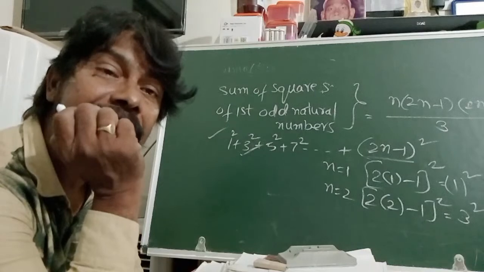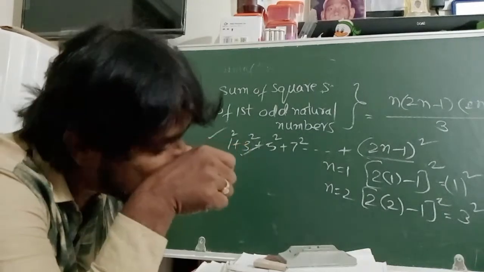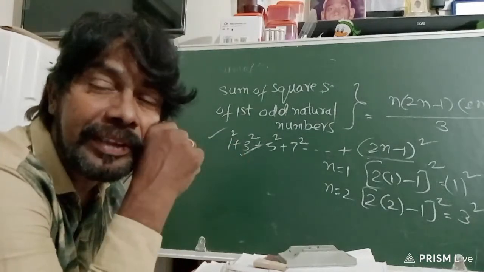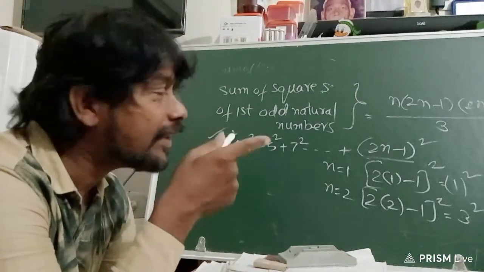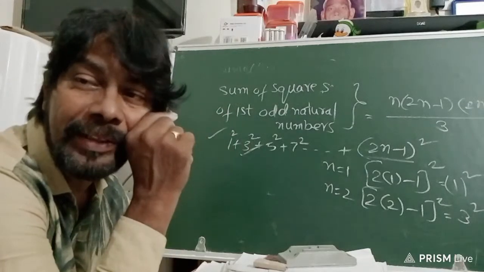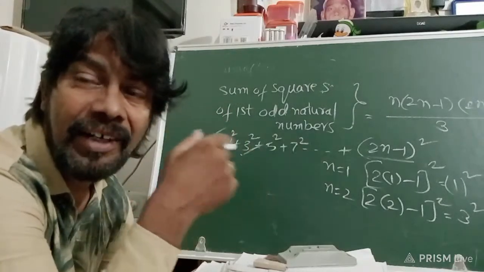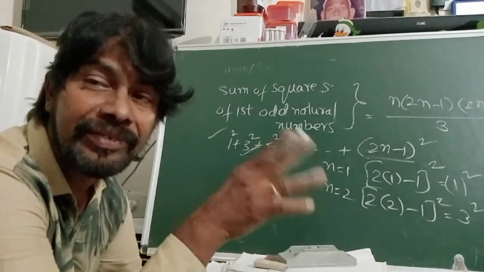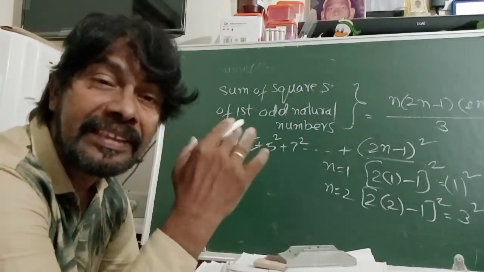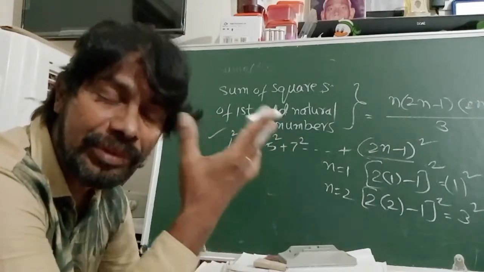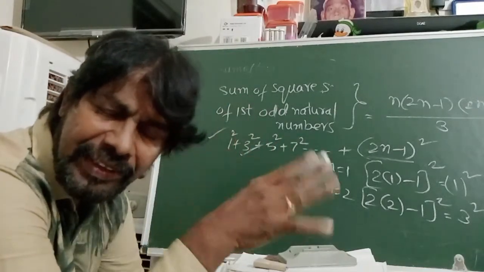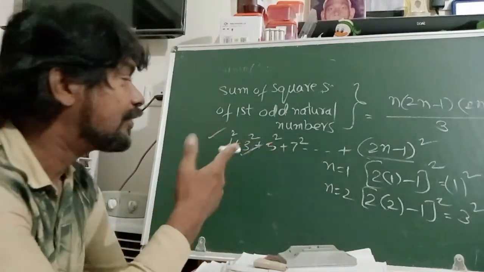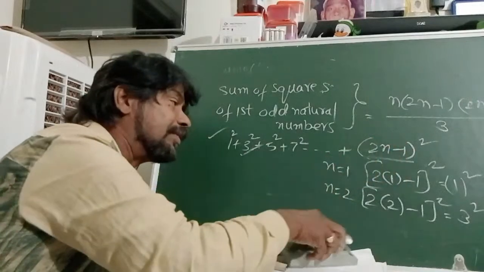If n is equal to 1, for the first odd number, substituting 1, 2 minus 1 is 1. So the first number is 1. Suppose we want the second odd number, substitute 2: 2 twos are 4, 4 minus 1 is 3. Next, for the third odd number, substitute 3: 2 threes are 6, 6 minus 1 is 5. So that's why we are getting this series. So the last number is 2n minus 1.